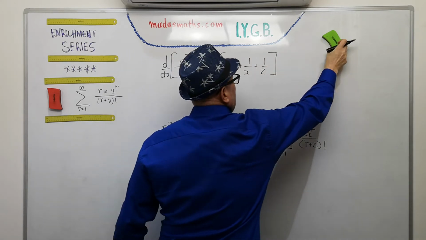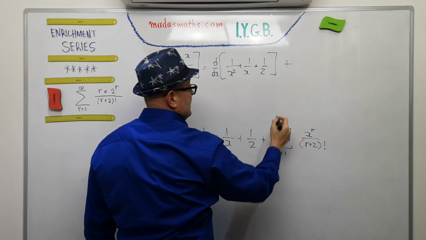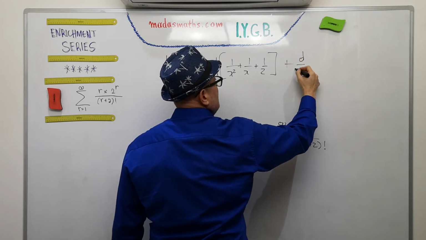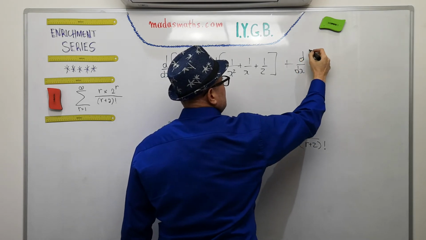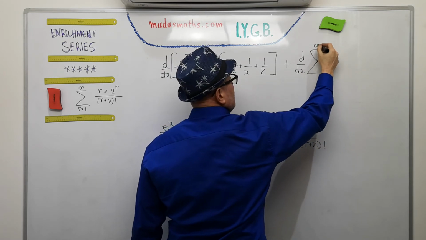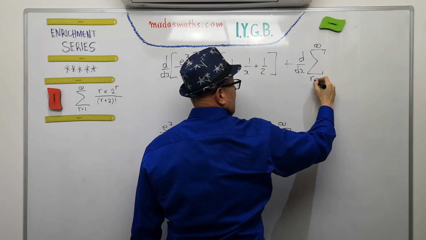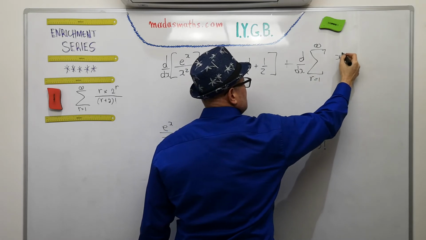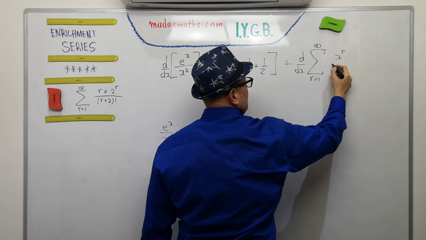And of course, let's put the d by dx in front of the sigma: d by dx of sigma to infinity from r is equal to 1, etc. All right.